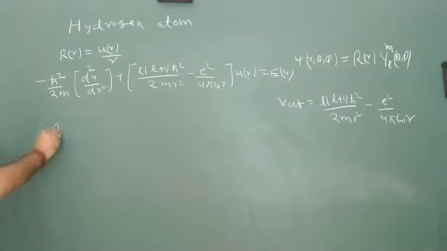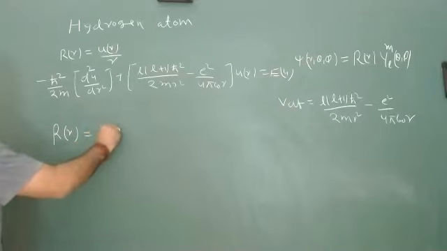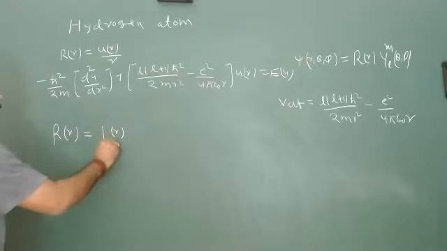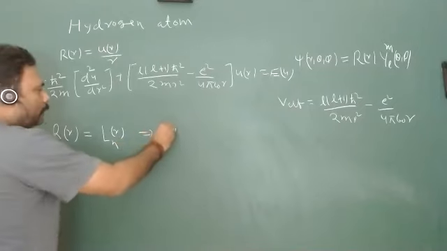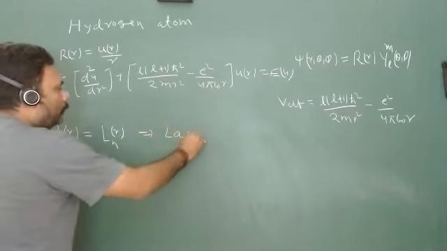You will get the radial part of the wave function as one very famous polynomial, L n l (r), and this is known as the Laguerre polynomial.